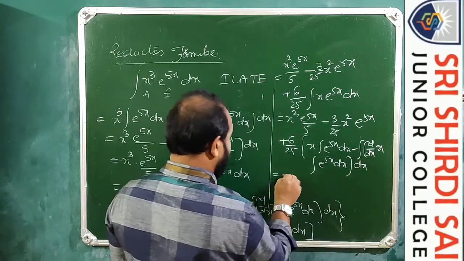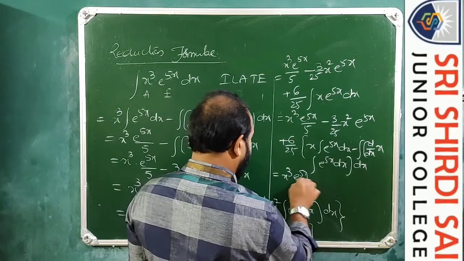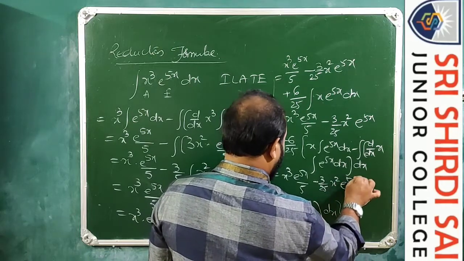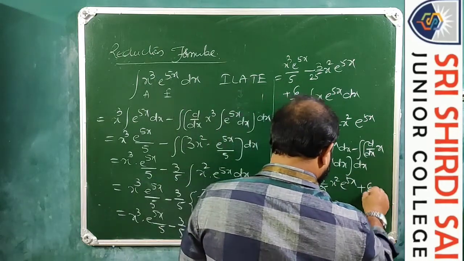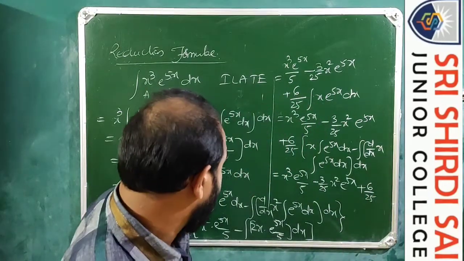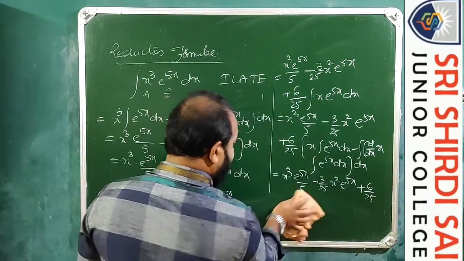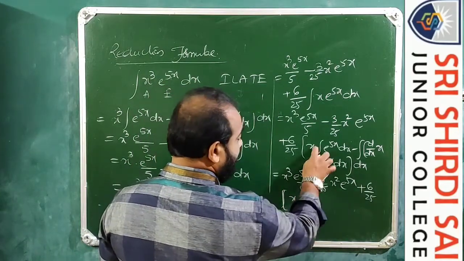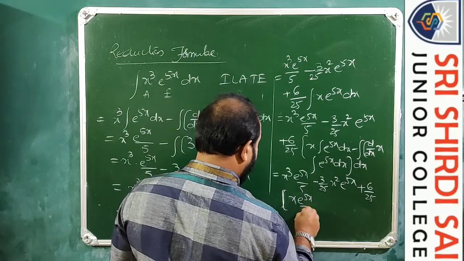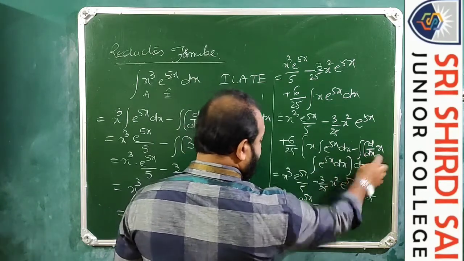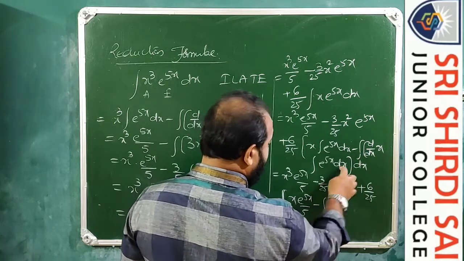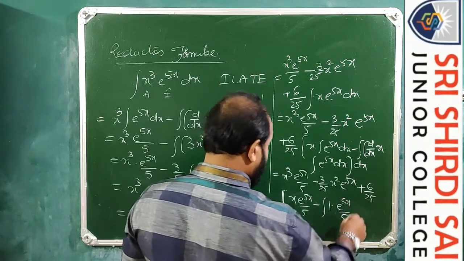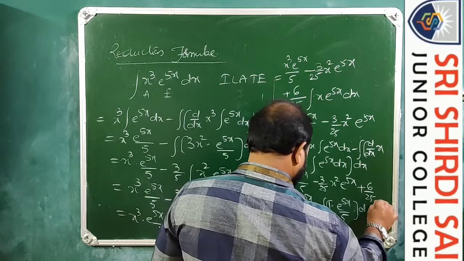So this is x cube e power 5x by 5 minus 3 by 25 x square e power 5x plus 6 by 25 into x, integral e power 5x dx is e power 5x by 5, minus d by dx of x is 1 into integral e power 5x dx, which is e power 5x by 5. This is whole dx.